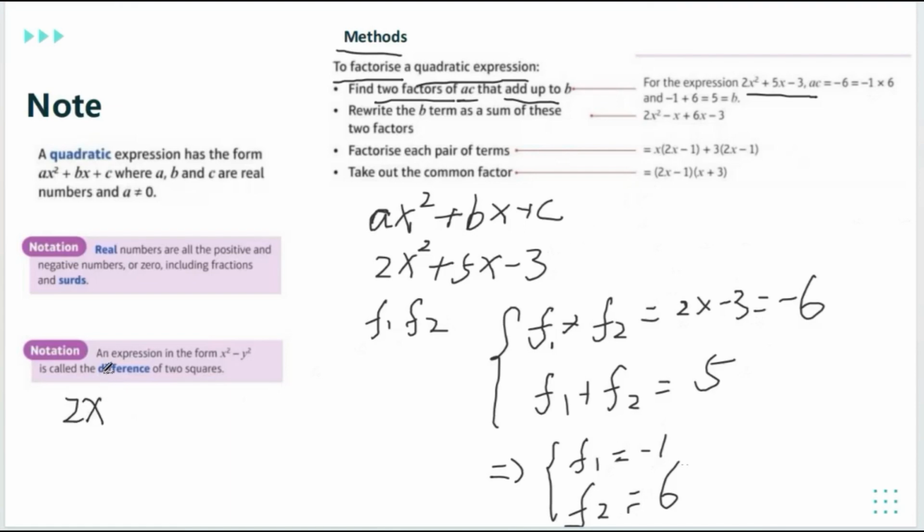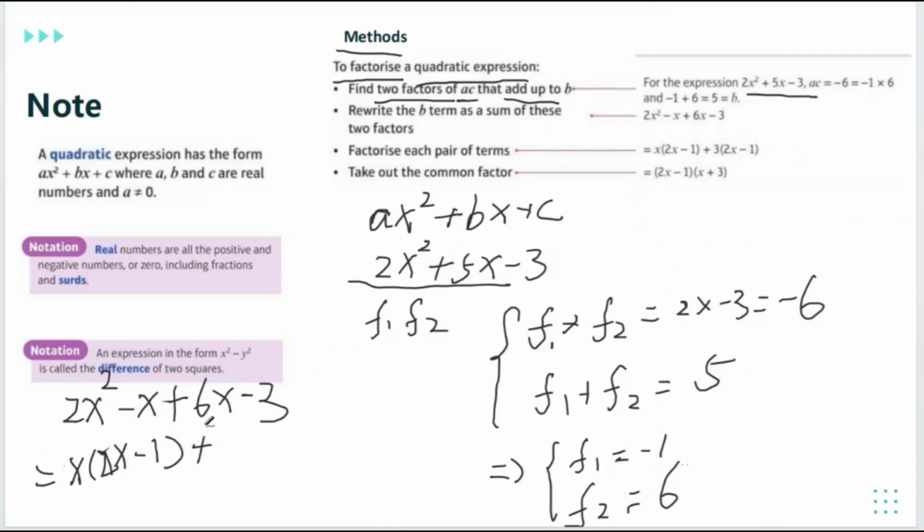So the expression can be simplified to 2x squared minus x plus 6x minus 3. Here we can take common factor x: x times 2x minus 1, plus 3 times 2x minus 1. So finally they have a common factor, right?